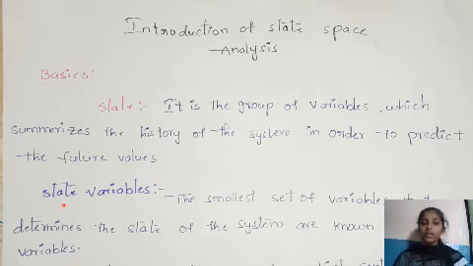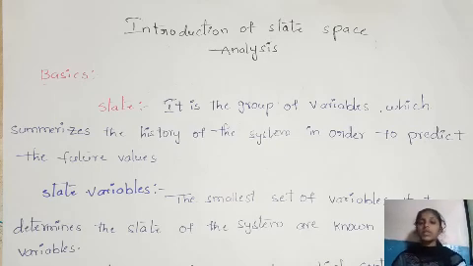The smallest set of variables that determine the state of the system are known as the state variables. State variables are like x, y, z.